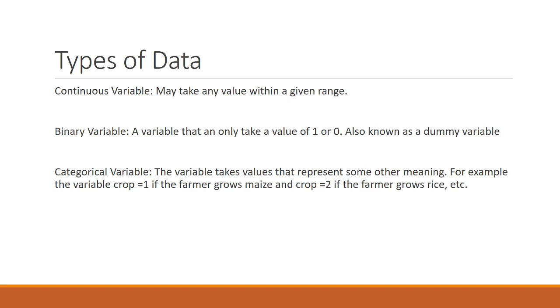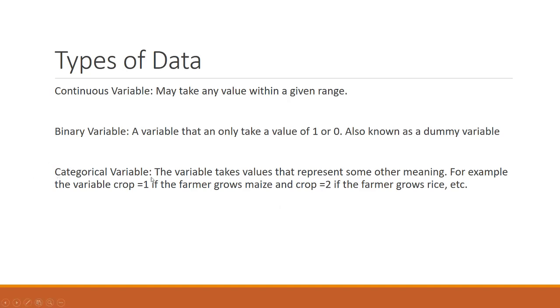People could make any amount of income from 0 to infinity. So it's continuous. A binary variable is a variable that can take only one of 2 values, usually 1 or 0. We use binary variables to indicate whether or not people have a particular characteristic. We'll see more on that in a moment.